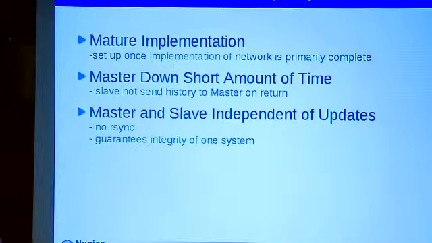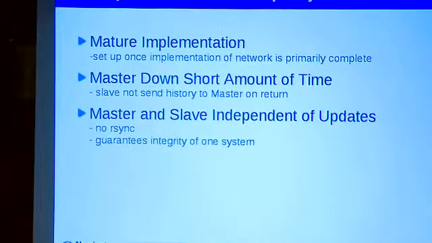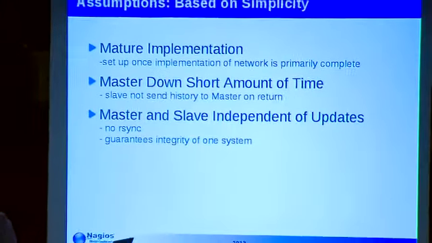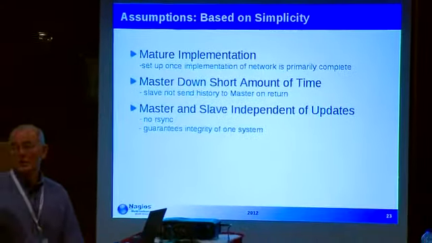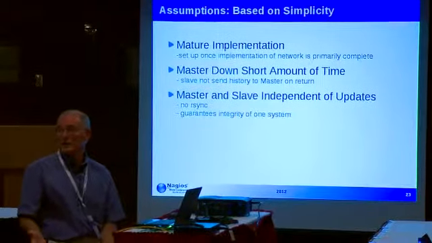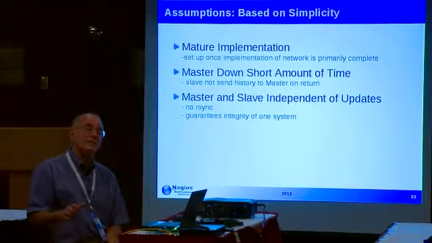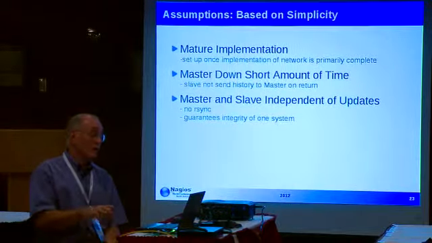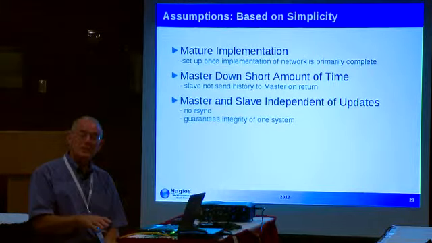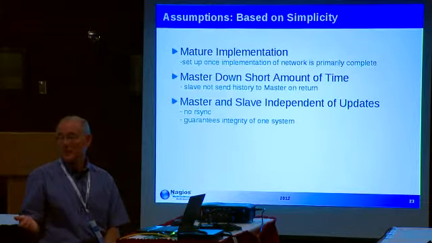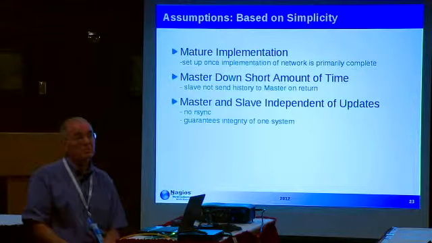Again, part of the assumption with this model is that you're in a mature state. In other words, you're not going to add 50 new servers in the next couple weeks. It just doesn't make sense to go through all this work and then have to redo it again. Because obviously, when you add new hosts and services on the master, you have to duplicate that process on the slave. It's part of the process.